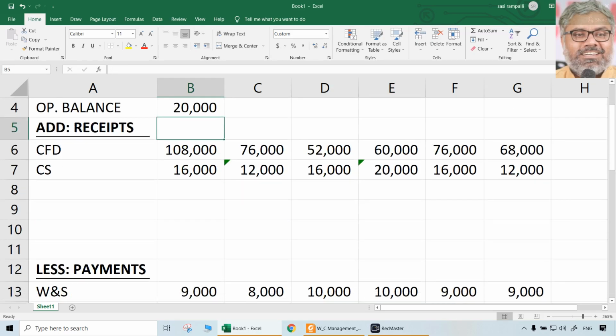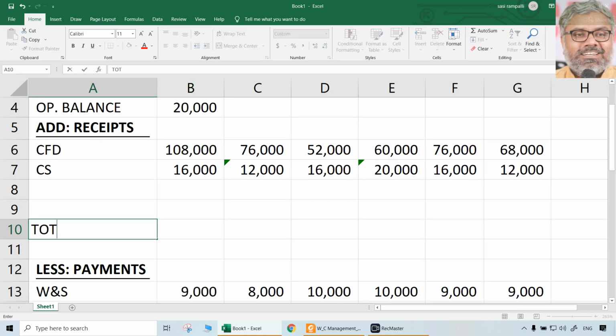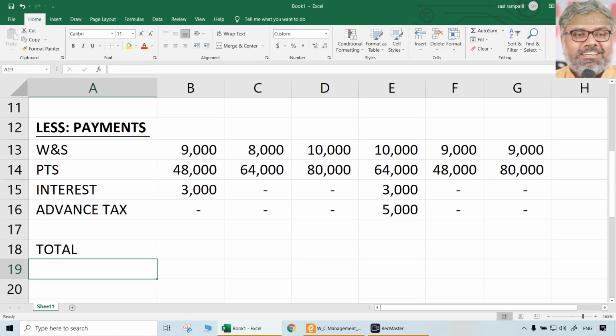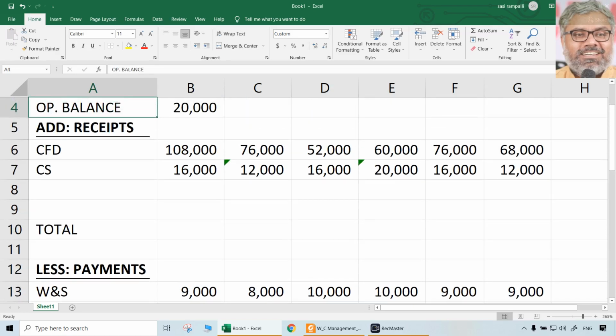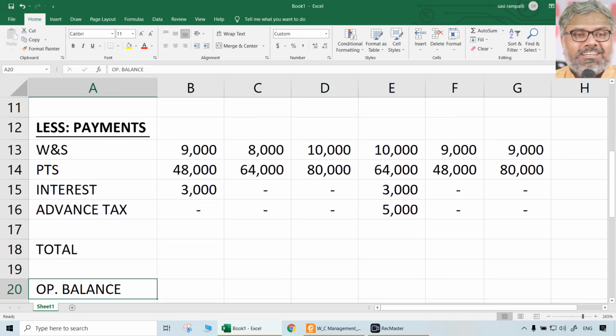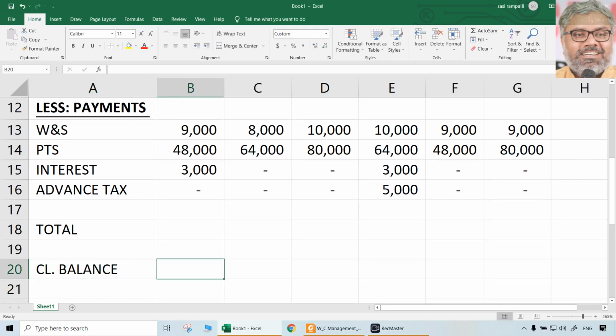So what has to be done? Of course, in the examination, you should have the total of receipts and the total of payments, and then the closing balance will have to be taken at the end. So how to get the closing balance?